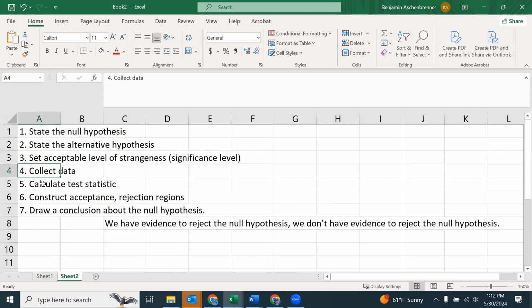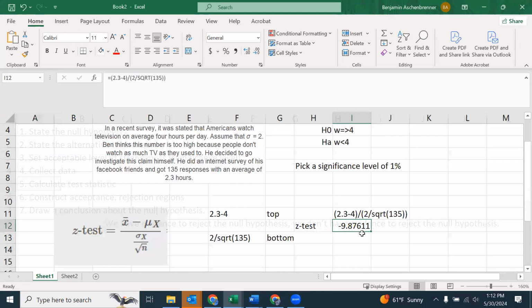I collected the data. Now I'm into the test statistic of figuring out how many z-scores away my sample mean is from the supposed mean. And the answer is negative 9.87. Now, negative 9.87 is a lot of z-scores below the mean.